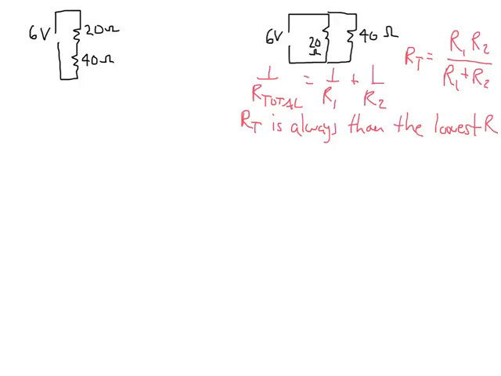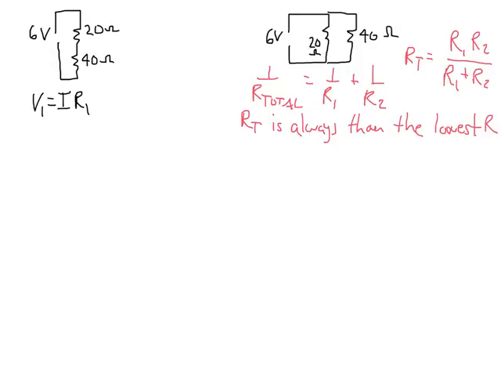Alright, so if I jump back here to this series circuit, I want to look at the voltage drop. We called that a voltage divider, and so I'm going to look at the voltage drops. So V1, the voltage drop across the first resistor, is equal to I R1, and I used I, not 1 or 2, just I, because we've talked about the current being the same all the way around.